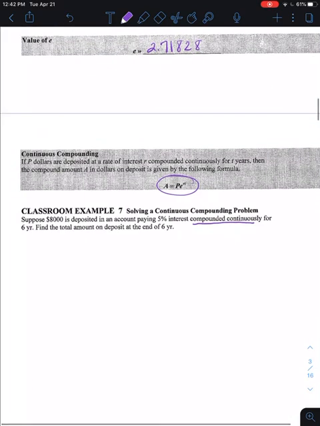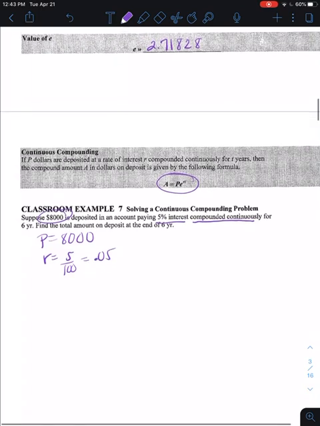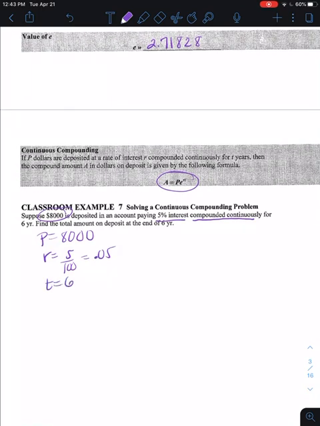Looking at an example below, suppose $8,000 is deposited into an account. So my P value is 8,000. The account is paying 5% interest, so my R value is 5 over 100, which is 0.05, for 6 years. T equals 6. Find the total amount on deposit at the end of 6 years if it's compounded continuously. Because it says compounded continuously, I have to use this formula.